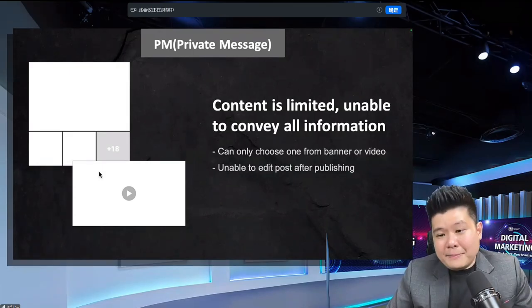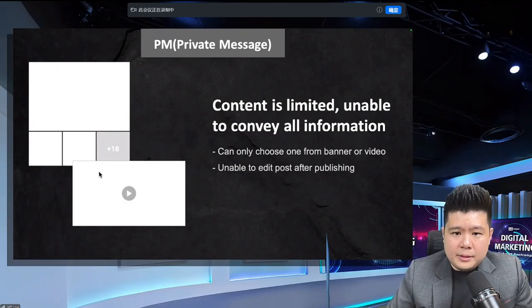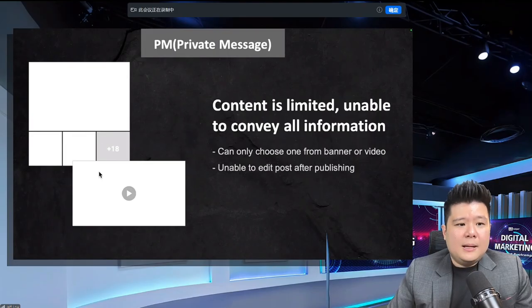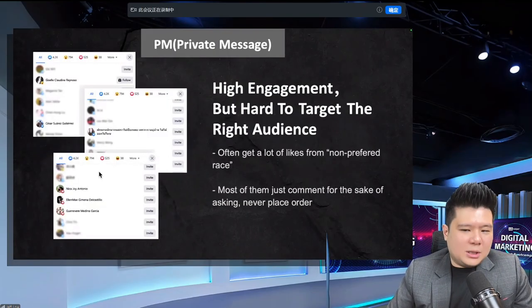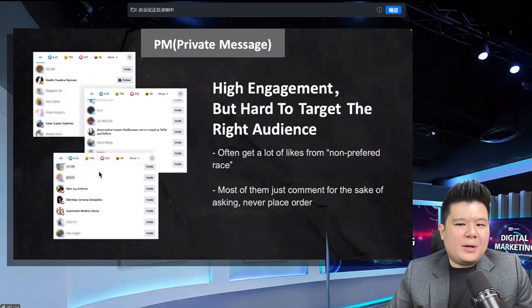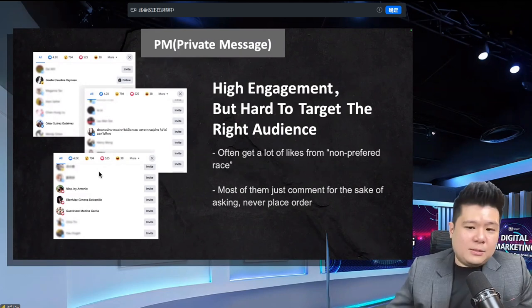But the moment you pump in all the information, it's so hard to read. It's so hard to go through. So you lost a client like this. Okay? But actually, sometimes the worst case is not just about this. The moment you run ads, especially let's say in Meta, you're looking for engagement.